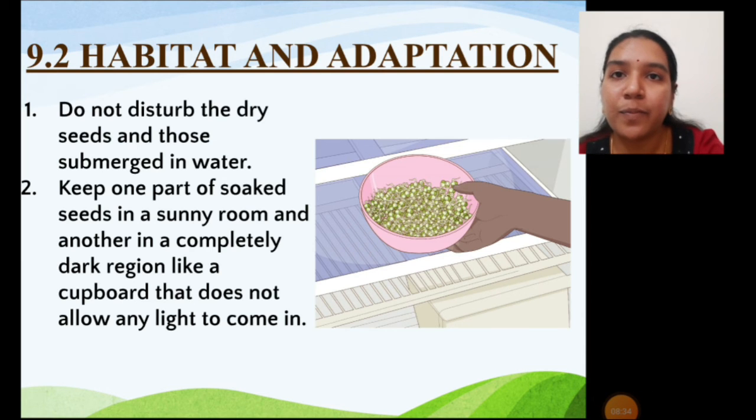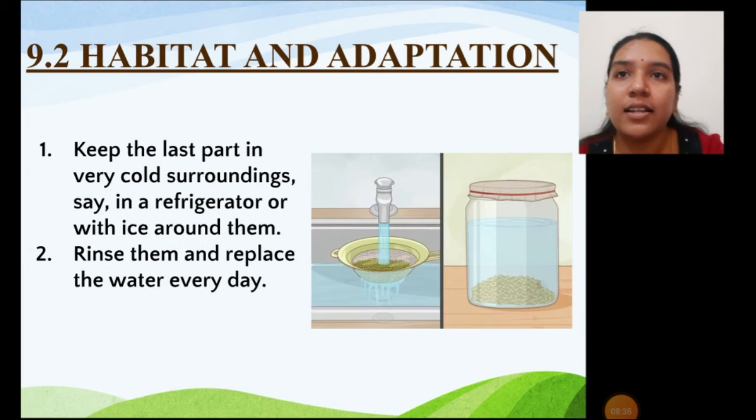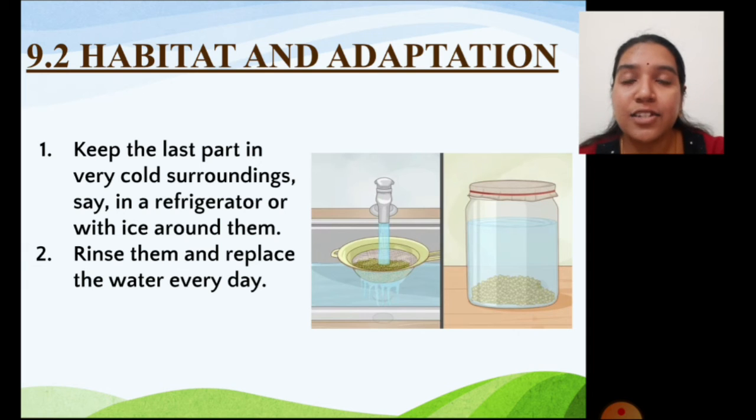Now take the last fourth part of the soaked seeds and keep it in a refrigerator or in a very cold place. Rinse these seeds and replace the water in the bowl or jar every day.